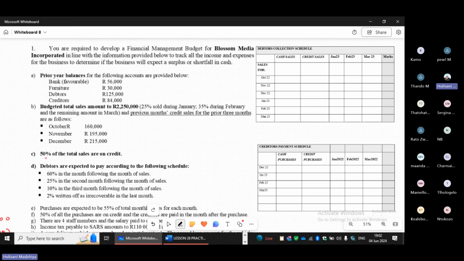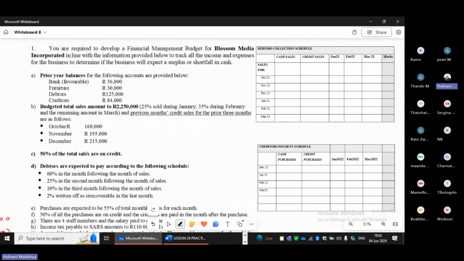We're also told that 50% of the total sales are on credit. This means that 50% of October, November and December total sales equals these amounts, and therefore the cash sales for December will also be 215,000 because it's 50-50.